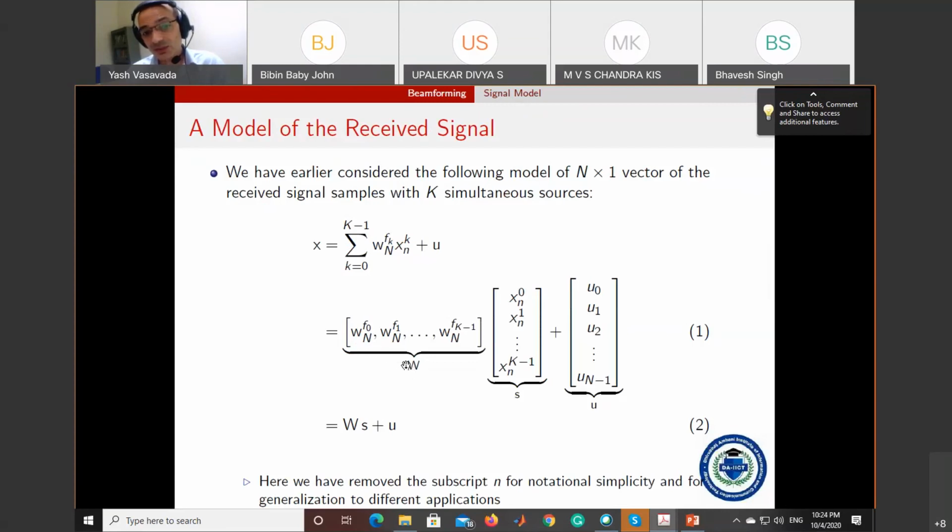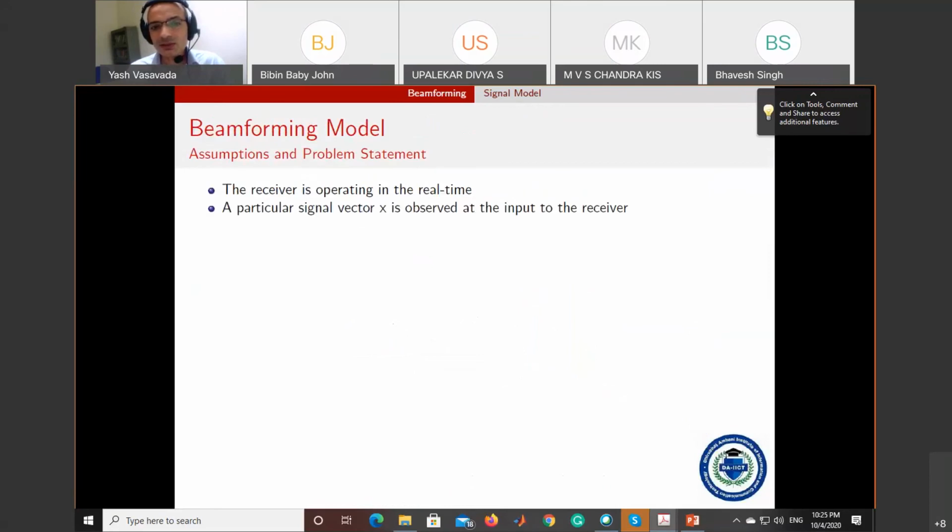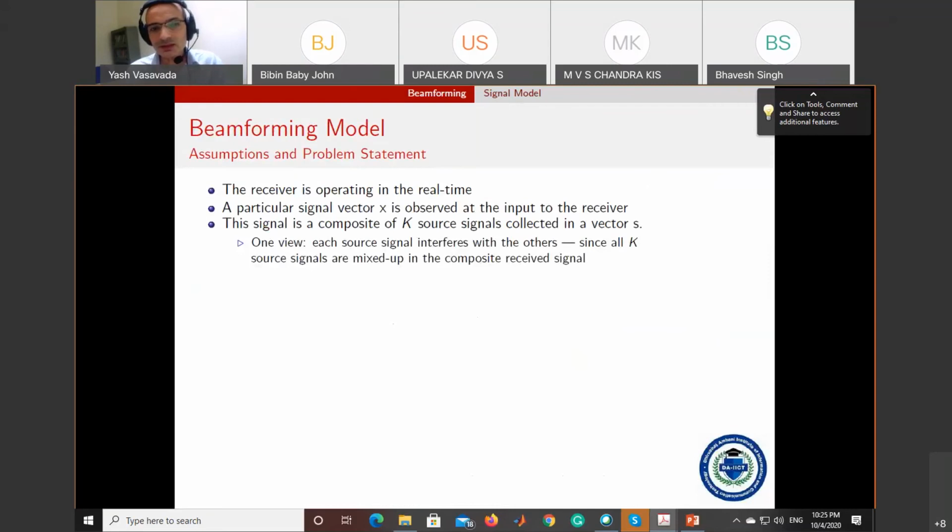And because W is orthonormal, we get a perfect cancellation, and we get essentially vector S with some noise. Now we are saying that this W is not necessarily orthonormal.